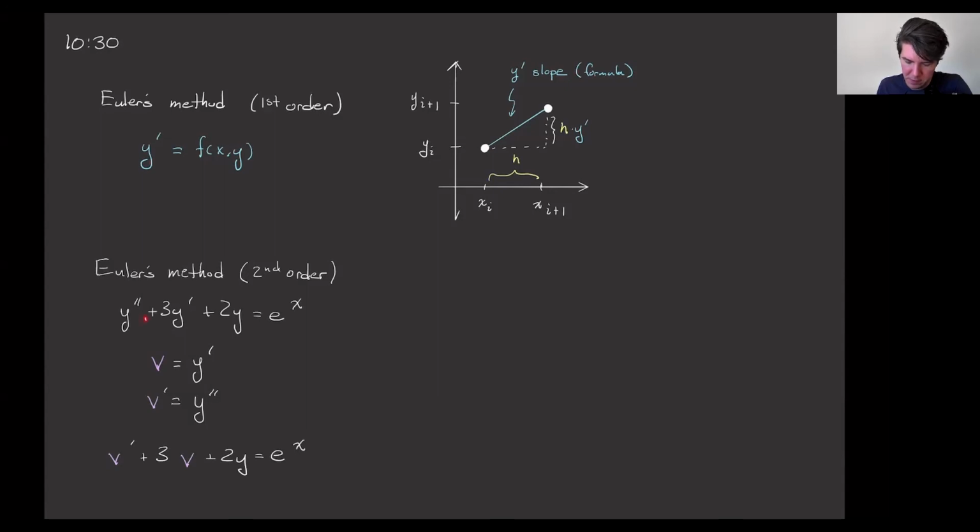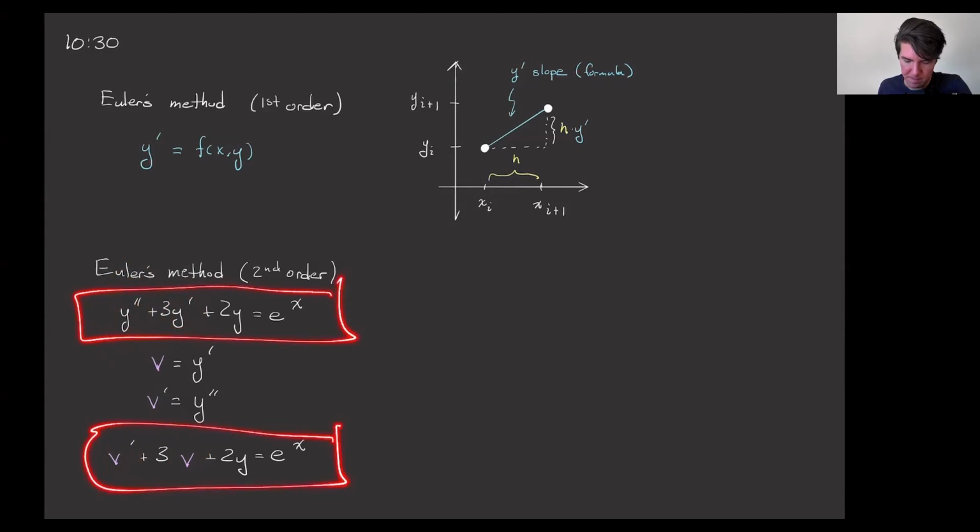You'll notice I took y double prime and replaced it with v prime, and I took y prime and replaced it with v. Otherwise, it's exactly the same differential equation.